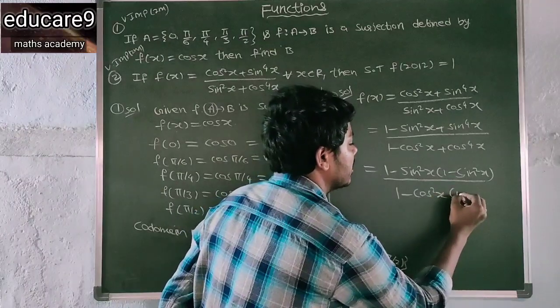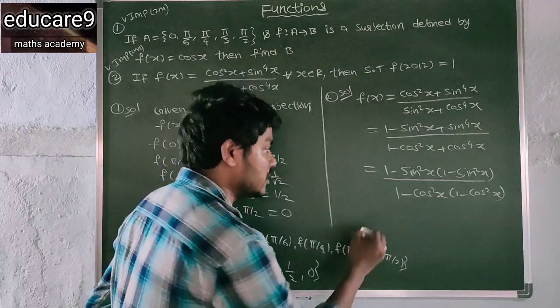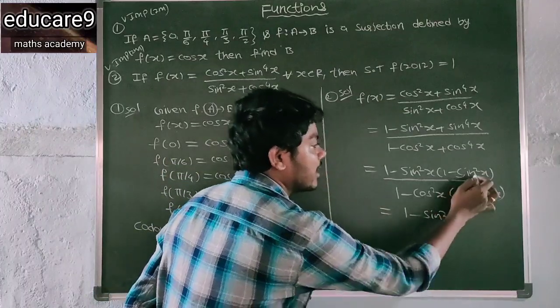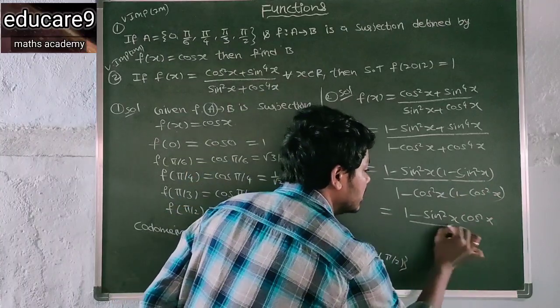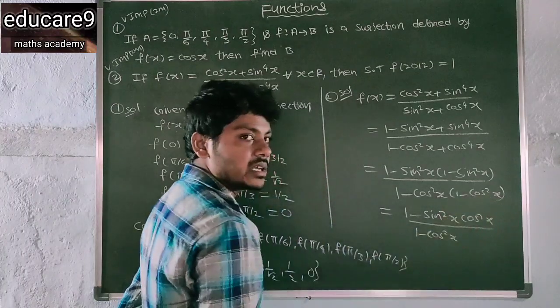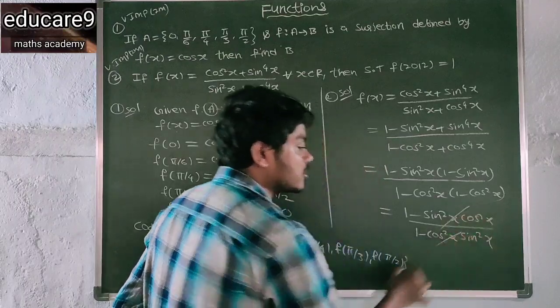So what you get? 1 minus cos square x. So this is 1 minus sin square x, and 1 minus sin square is cos square x. So divide by 1 minus cos square x, and 1 minus cos square is sin square x. So clearly both terms cancel.